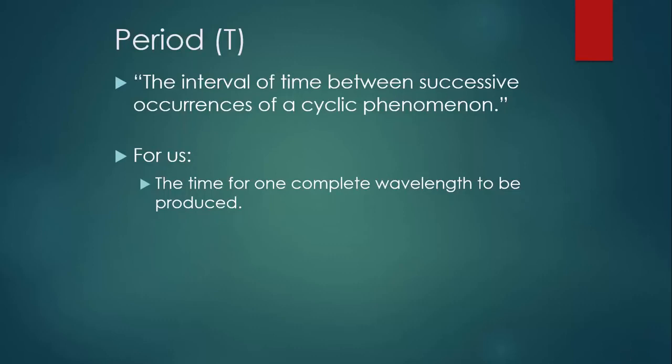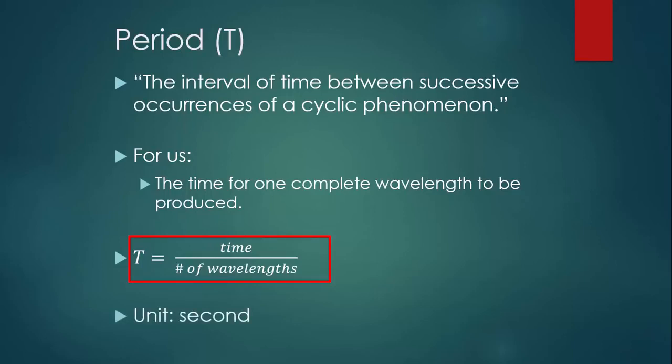Just like we did for frequency, we're going to write this in sort of an equation form. Like what we wrote for frequency, this is not in the reference table, but this is a really convenient way to think about period. So you take all the time that has passed while the waves were created and divide it by the number of wavelengths that were produced, or again, the number of oscillations. The unit for period is just second.